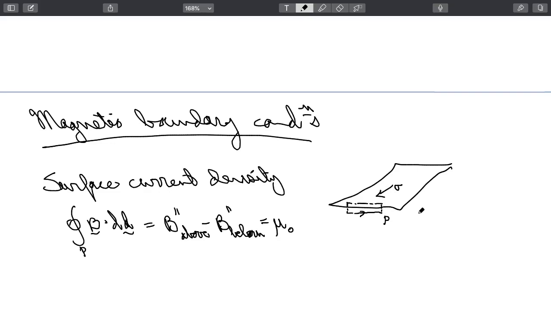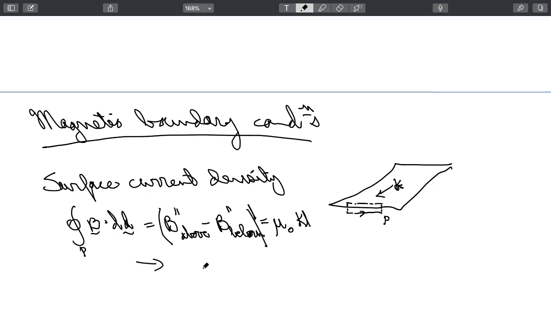In the notes I used K as the symbol for this. So this is K, and this is L. So mu 0 times K times L is the total amount of current that goes through this loop. And this is integrated times L, because I'm just using a constant field integrated over this length.